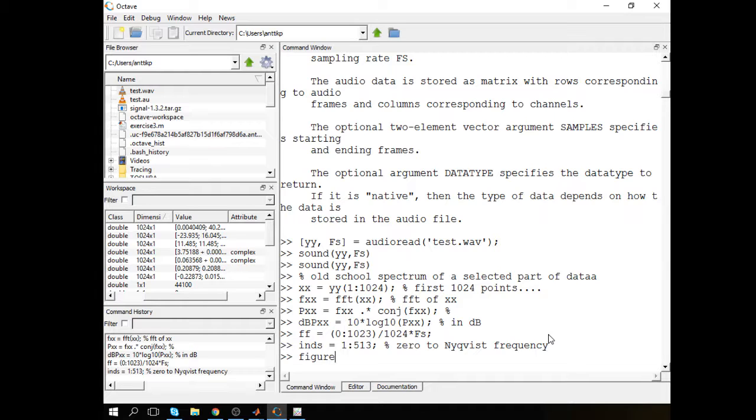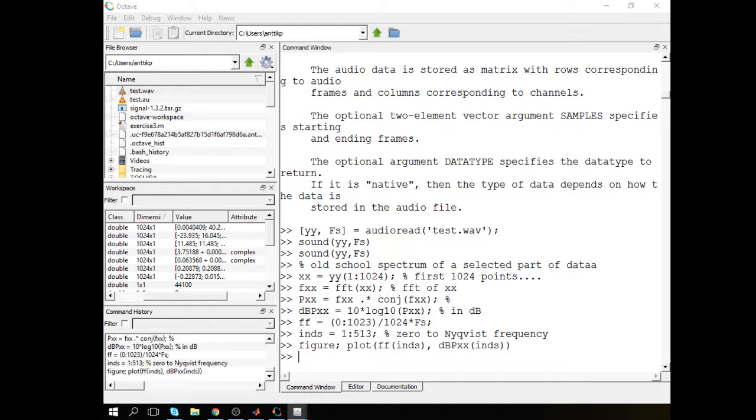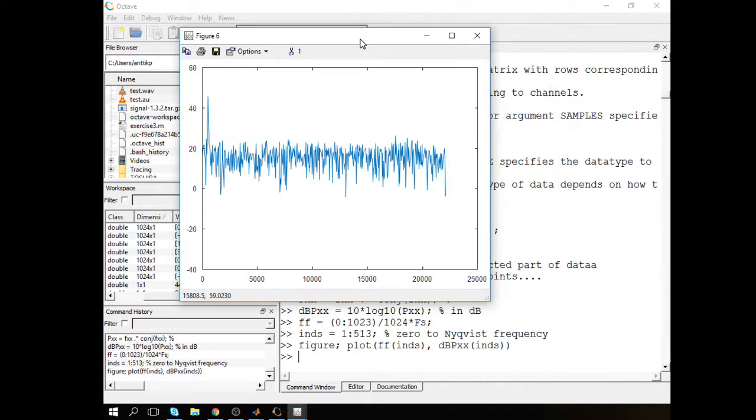There. Now we can plot it. New figure. Plot the frequencies and dB pxx. And let's see if it breaks or not. It didn't break at all.